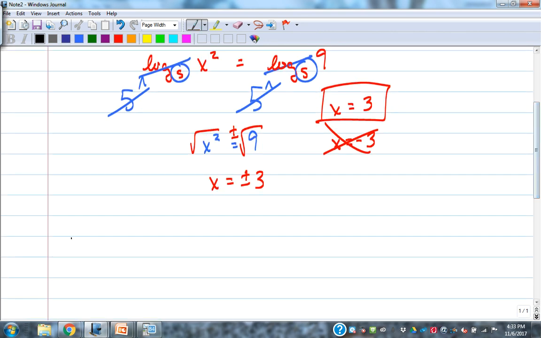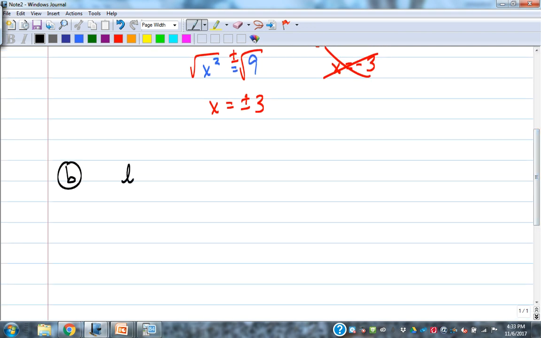Maybe it's a little bit more our level. Let's do log base 5 again. And let's use x plus 6 plus log base 5 of x plus 2. And all that is equal to 1.